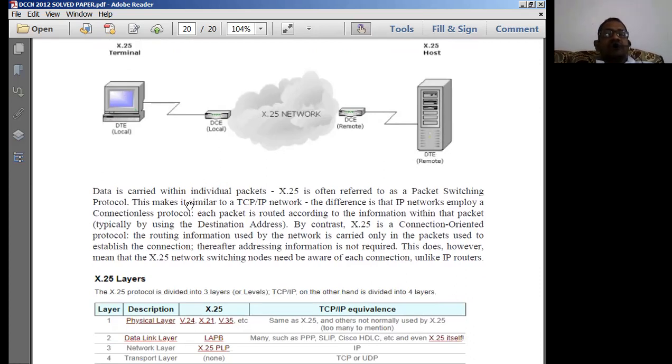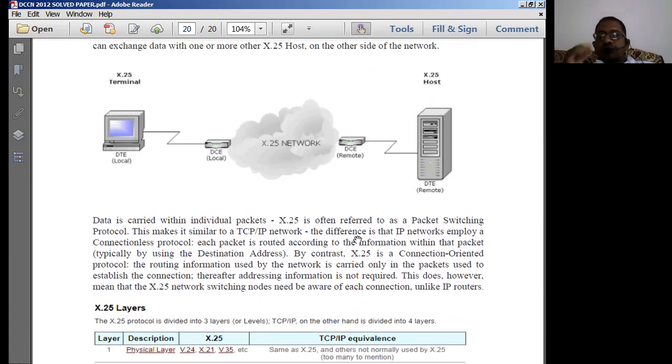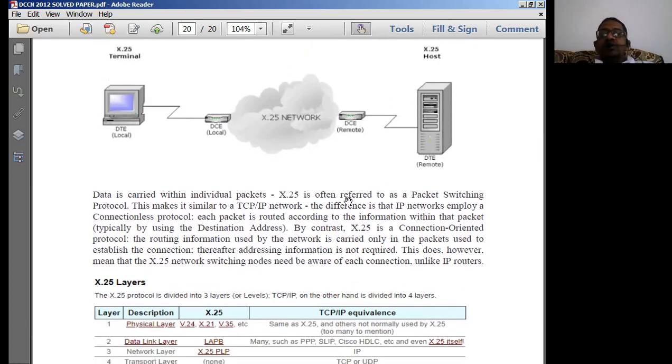So the data is carried within individual packets. X.25 is often referred to as a packet switching protocol. We will discuss the packet switching methodology further when we come to the transport layer, so till then we just refer to it as packet switching.